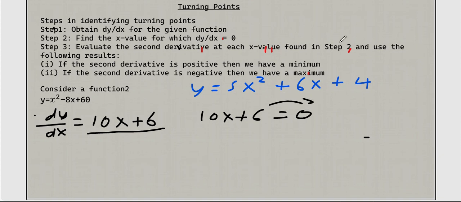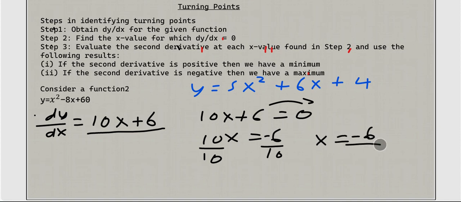Take this 6 to this side, so you'll have 10x equals minus 6, because when you take it to the other side, you get a minus. Divide by 10, divide by 10, so that you get x equals negative 6 over 10, which equals negative 3 over 5. So that's the value of x at the maximum or minimum point.